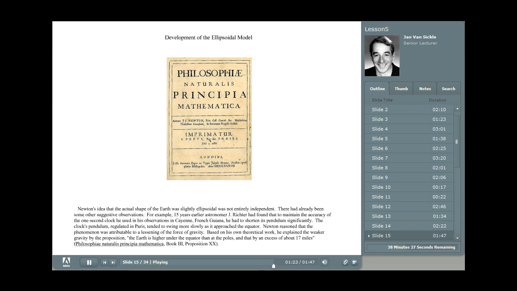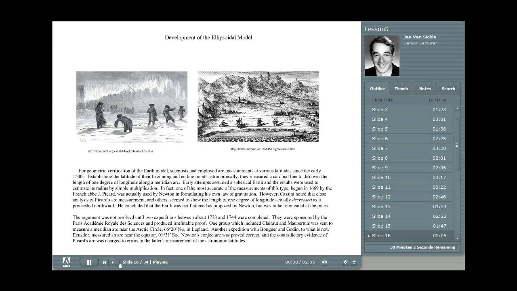Obviously, if the Earth is to be more massive at the equator, bulging out at the equator, this means that the Earth is ellipsoidal, and that it is squashed, let's say, at the poles and bulges out at the equator. In other words, it's an oblate spheroid. And this, of course, has turned out to be the case.